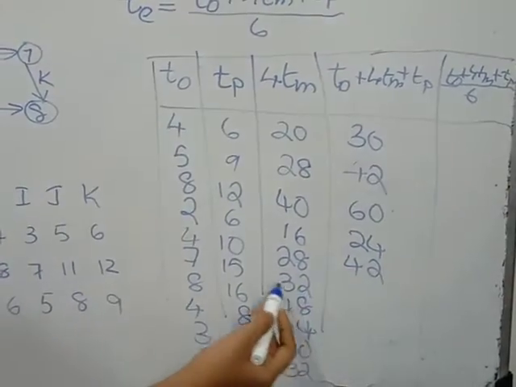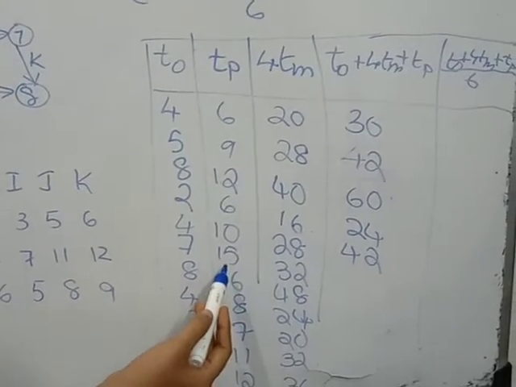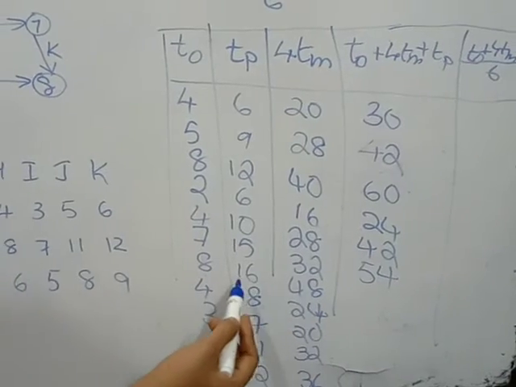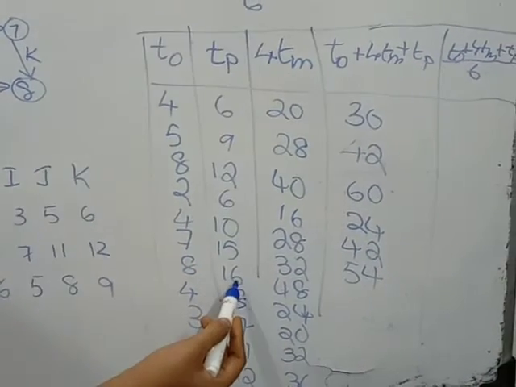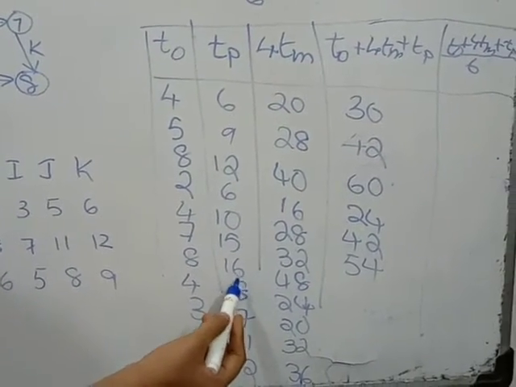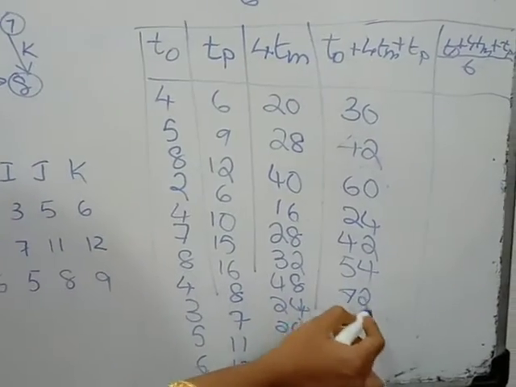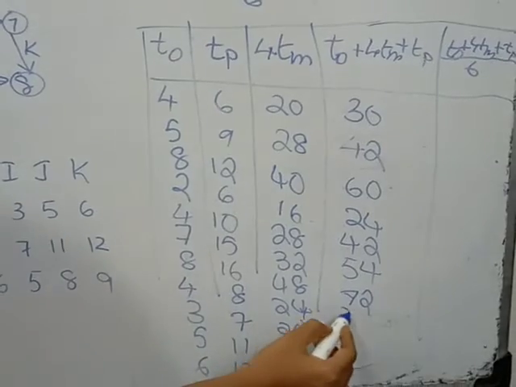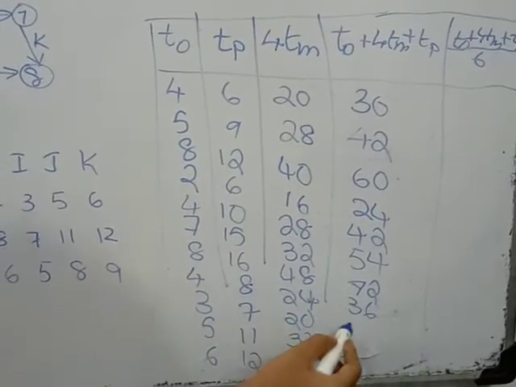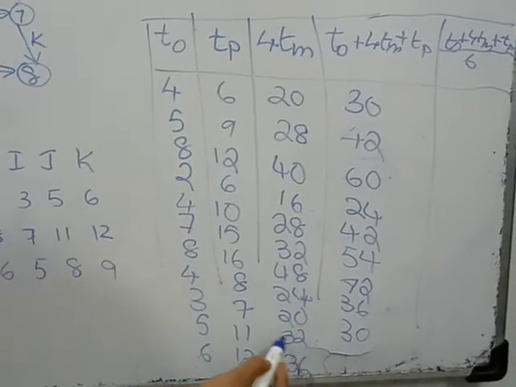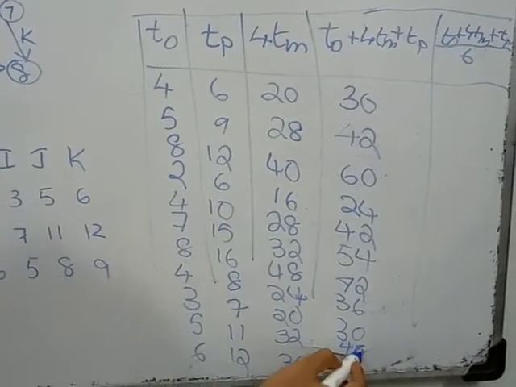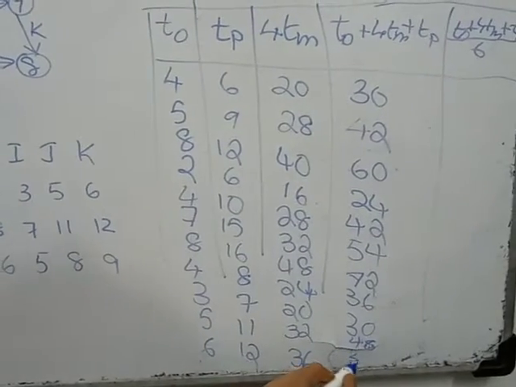Again, 32 plus 15, it is 47, 47 plus 7, 54. 48 plus 8, 56, 56 plus 16, how much? 72. 24 plus 8, 32, 36. 20 plus 10, 30, 32 plus 16, how much? 48. 36 plus 12, 48 plus 6, it is 54.